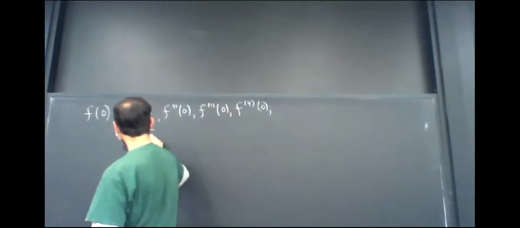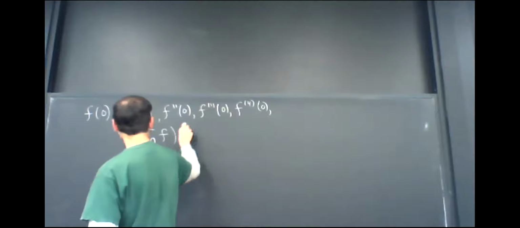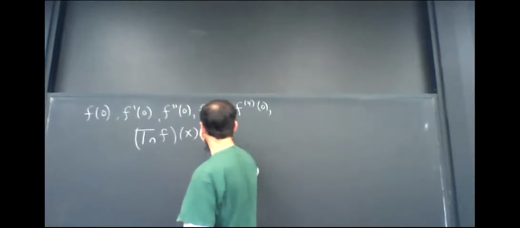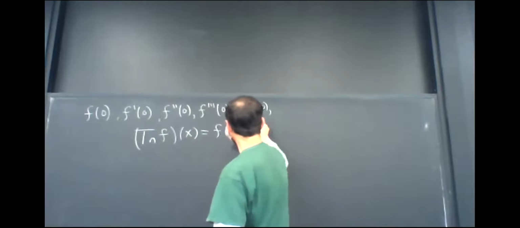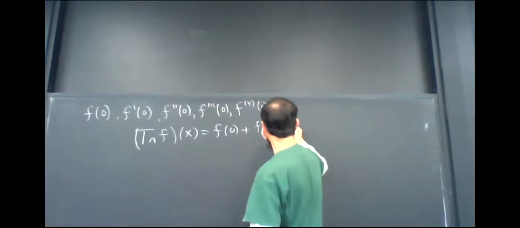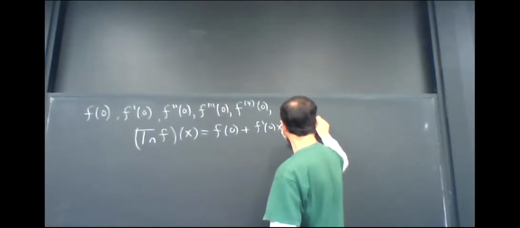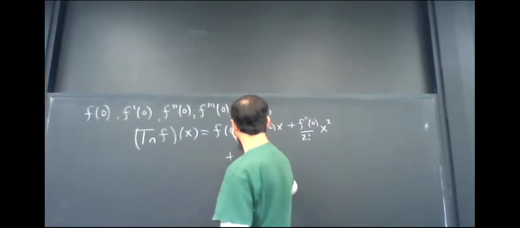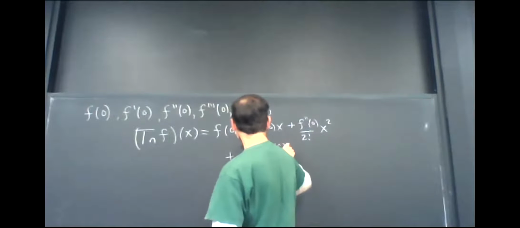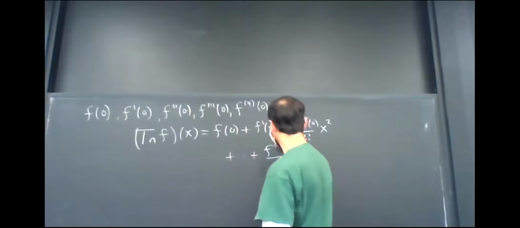So the nth order Taylor series at the point is just going to be f of 0 plus f prime of 0 x plus f double prime of 0 over 2 factorial x squared, all the way up to the nth derivative at 0 over n factorial x to the n.